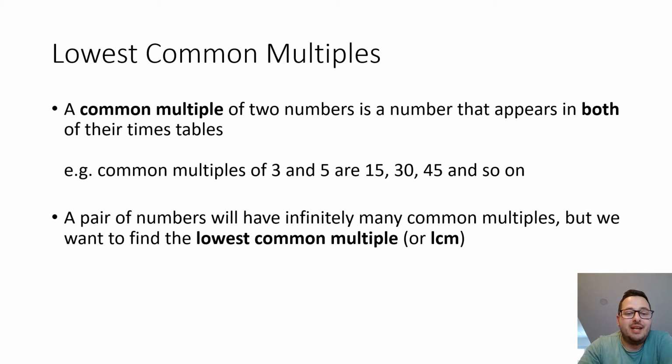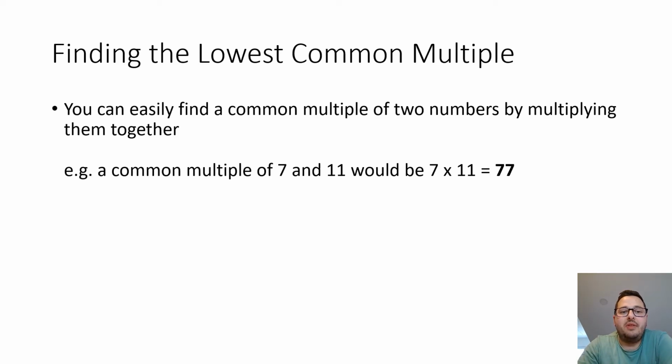And sometimes it's written as LCM because we can't be bothered writing out lowest common multiple all the time. Okay. So just a little note then, you can easily find a common multiple of two numbers by multiplying them together. So for example, if you wanted to find a common multiple of 7 and 11, you can just times them together to get 77, and that'll give you a common multiple.